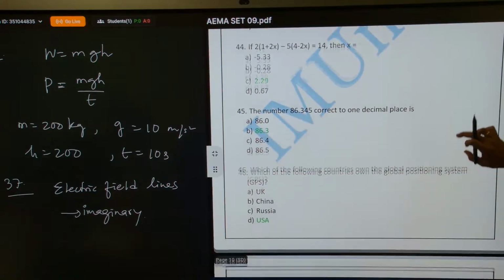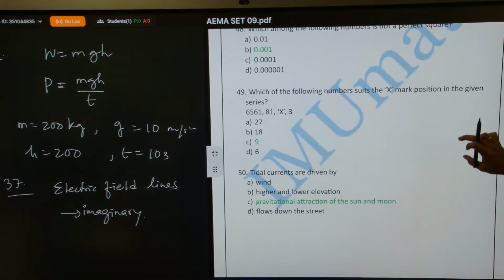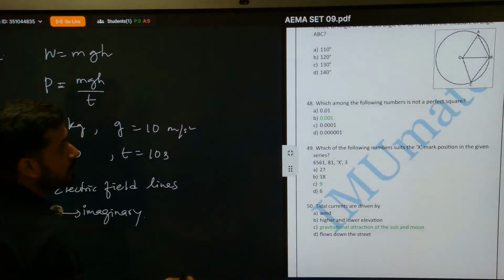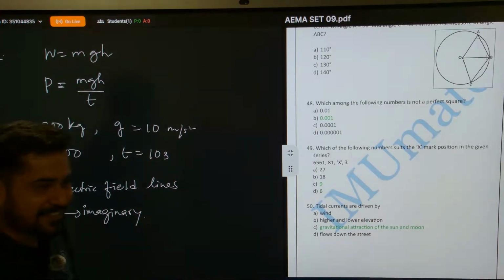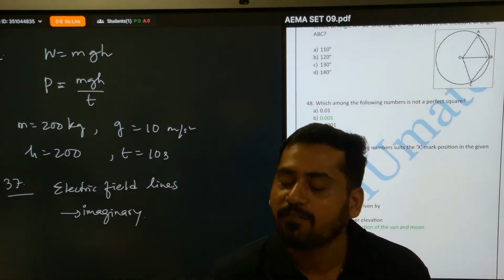Look carefully. I think we have solved most of the part. Let's get to the next one. After a very long time, you actually have asked a good question. What is tidal current? What is current?